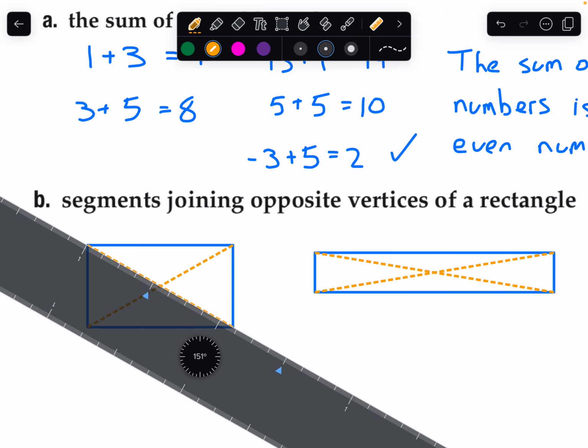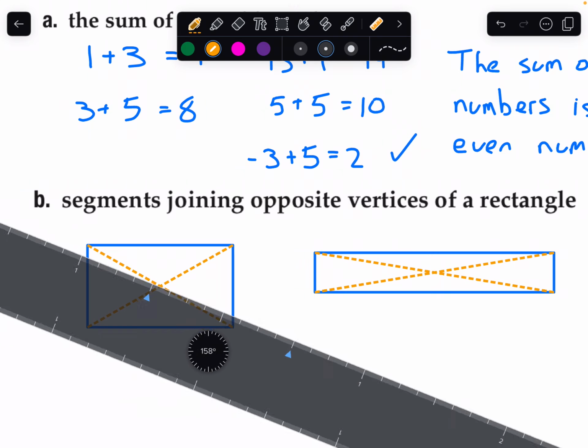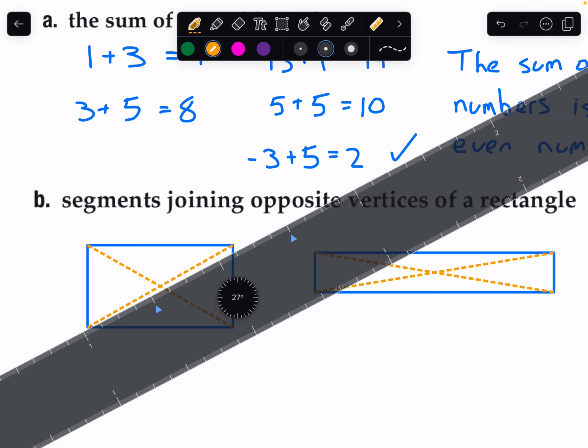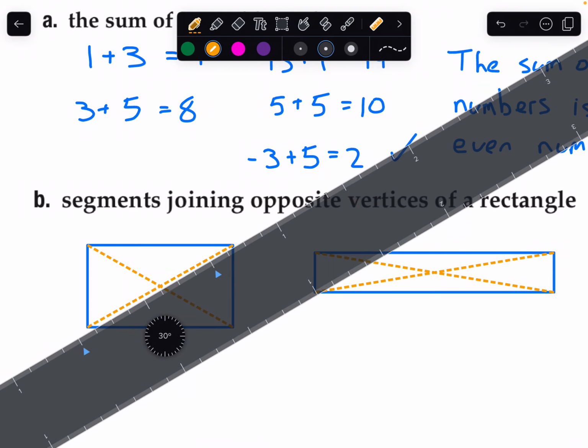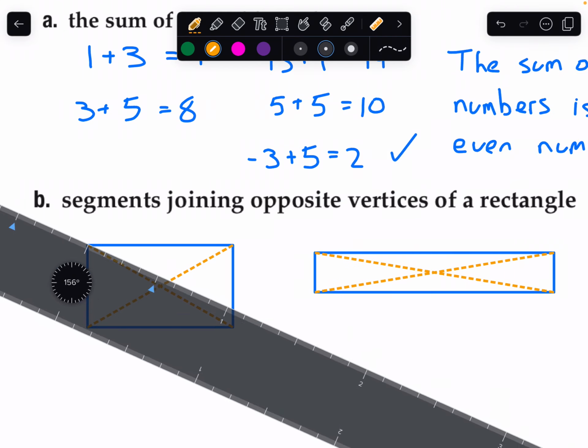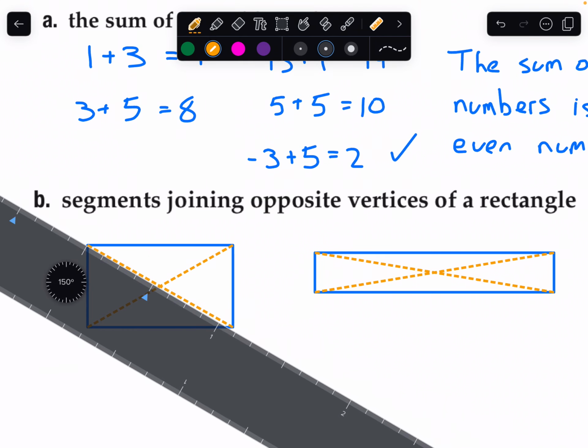From 1 to, it looks like 1 and a fourth? Should I start at 0? Oh no, the middle is 0. Oh, I'm sorry, I'm reading this all wrong. Okay, let's start at 0. Here's the 0 point. Here we go, and I bet I can scale this down.